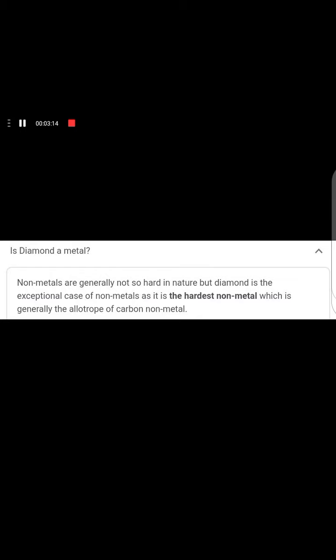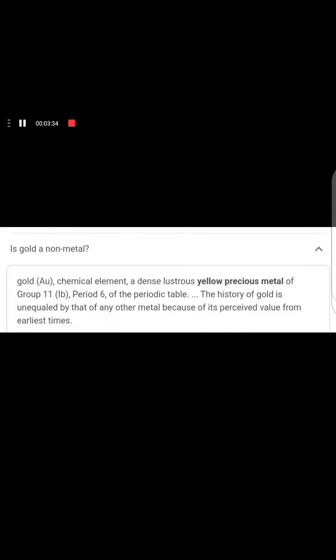It is the hardest non-metal. It is an allotrope of carbon. So it is made up of carbon and it is the hardest non-metal. We know that non-metals are soft, but this diamond is very hard, yet diamond is called a non-metal.